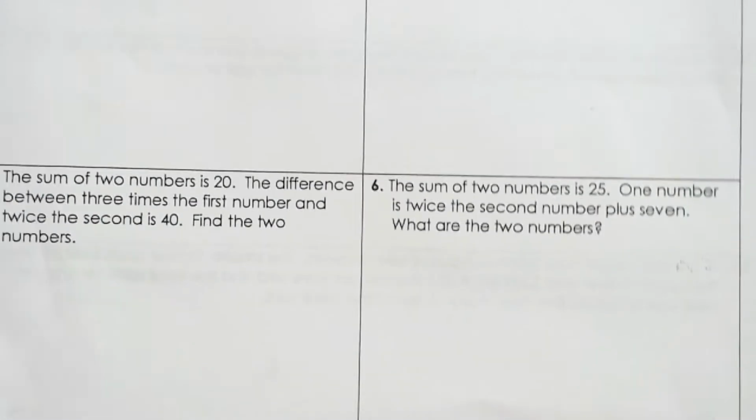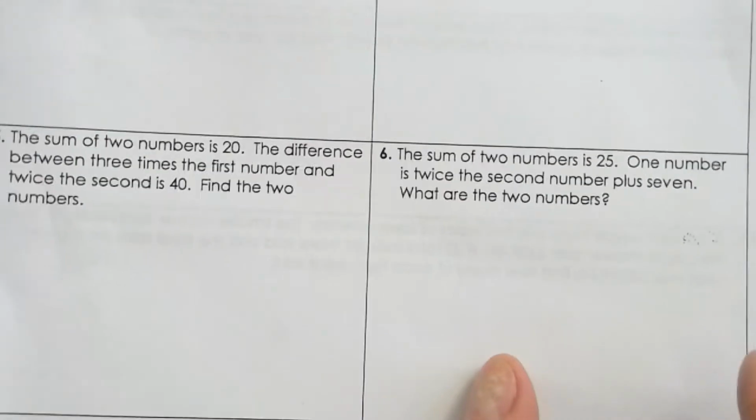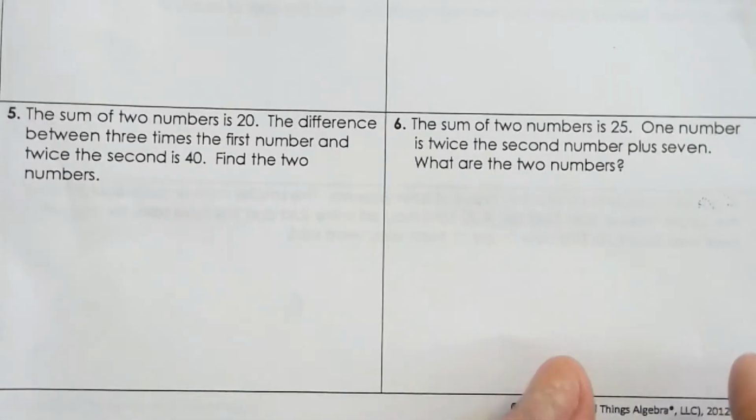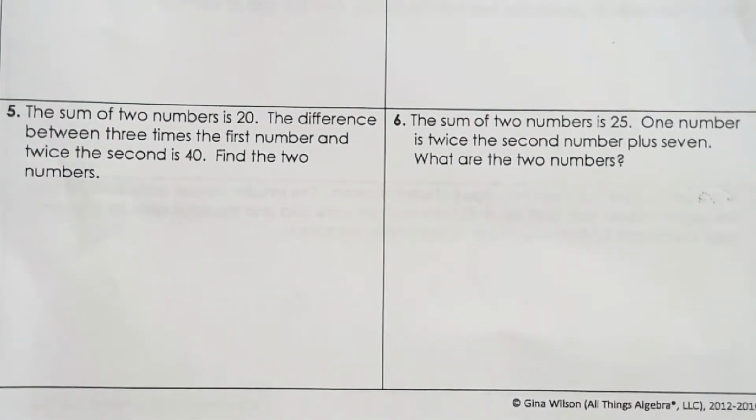Why don't you guys try to, on your own, try to set up number 5. The sum of two numbers is 20. Well, that's pretty straightforward.